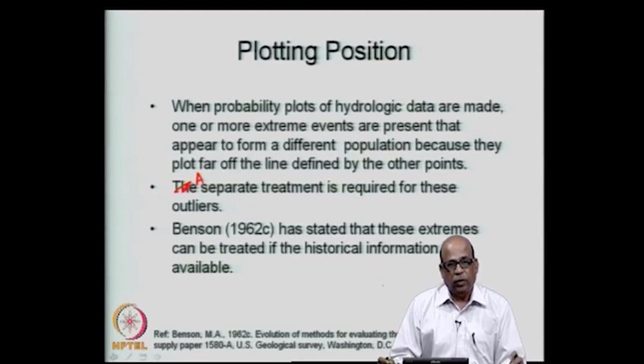So, in today's class essentially what we did is we started with probability plotting and continued the discussion on the probability papers. In the last lecture, we had discussed the mathematical way of obtaining the probability papers. Today, we discussed the graphical procedure of obtaining the probability paper, dealing essentially with the normal distribution.